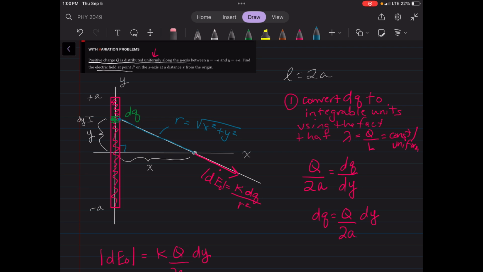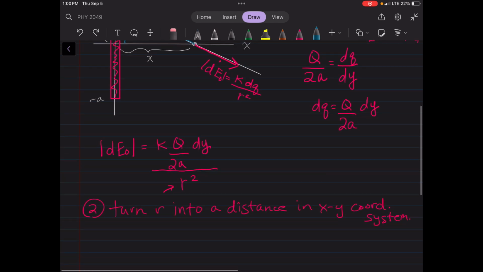So depending on your unique arrangement of the charge distribution, like in your homework, I believe there's going to be one just like this, and then there's another version where the charge is on the x-axis, right? Your r might change, but in this particular case, our r can easily be represented as the square root of x squared plus y squared. So let's make that substitution now.